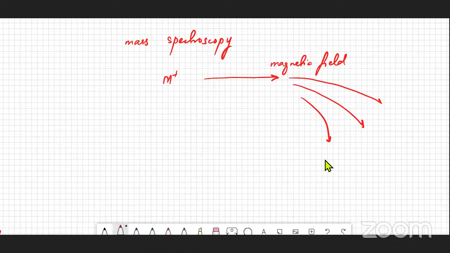So when you take a molecule, any molecule, for example, if I take CH3OH, so there is a molecular ion. There are different types of ions that are formed. One of them is a molecular ion, which is CH3OH plus 1. That's going to be the heaviest particle. And then there would be lots of fragments.